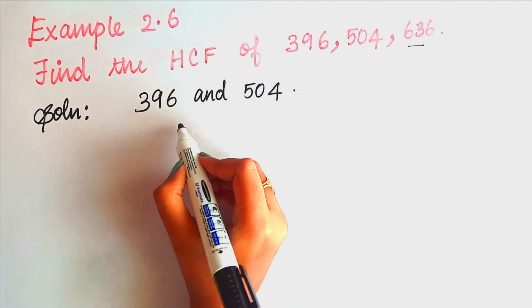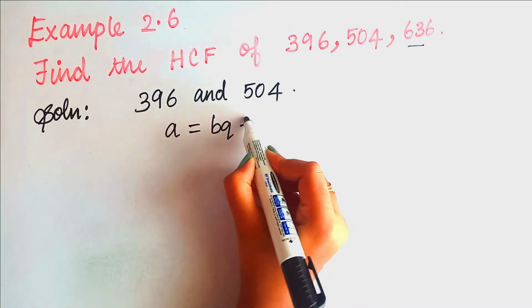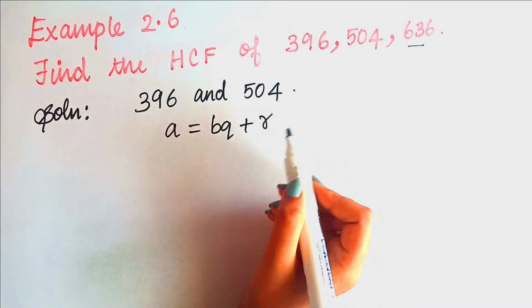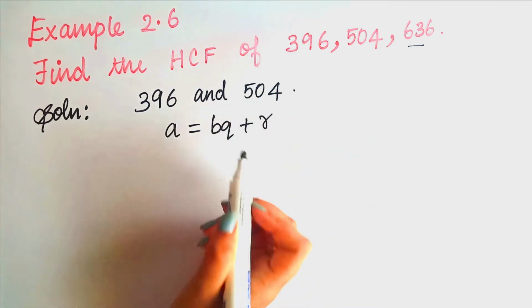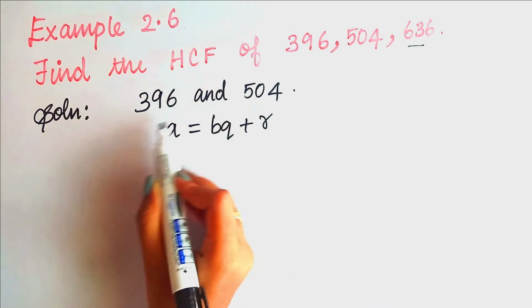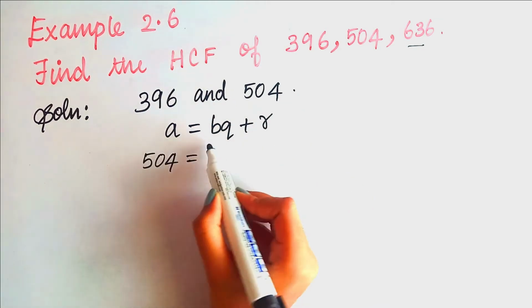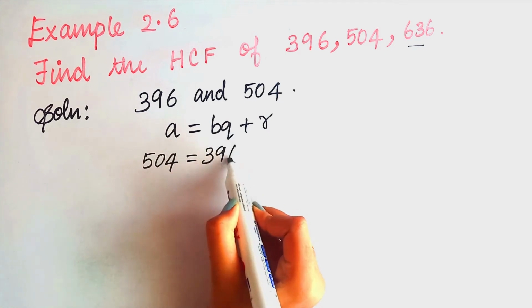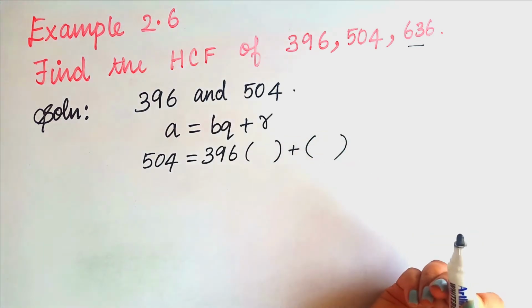Okay, so by Euclid's division lemma we know that A is equal to BQ plus R. Right. So what is A? The biggest number of these two, that is the highest number, 504. So A is equal to 504 and the next number we take as B, which is 396. And then we have to find the quotient and the remainder. Right.